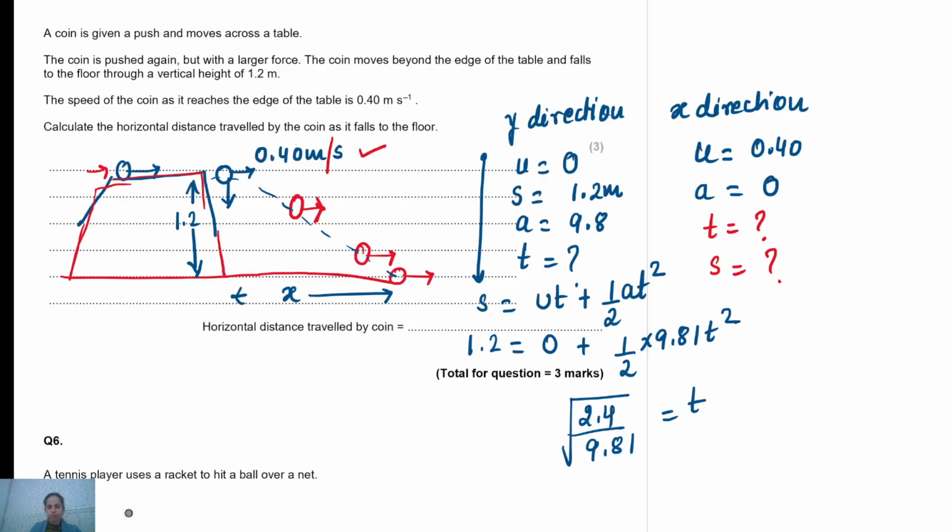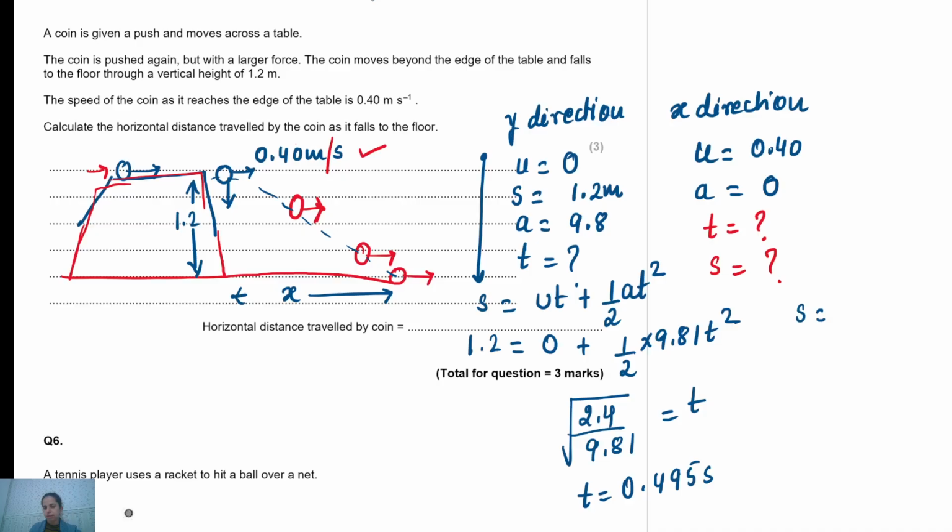So my time is 0.495 seconds, and then my displacement, I'm now using another color. In the x direction, ut plus half at squared. Initial speed in this is 0.40, and time will be this.